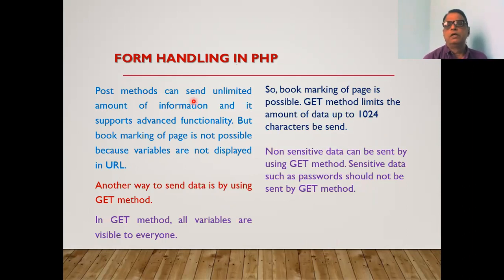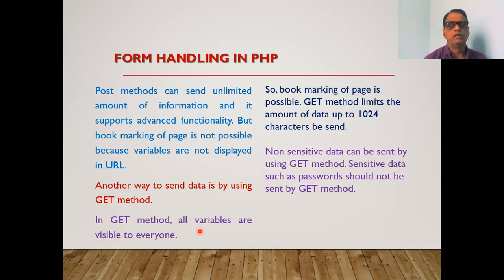And the post method also supports advanced functionality. But bookmarking of the page is not possible by using the post method, because the variables are not displayed in the URL. So another way of sending the data is by using the get method.